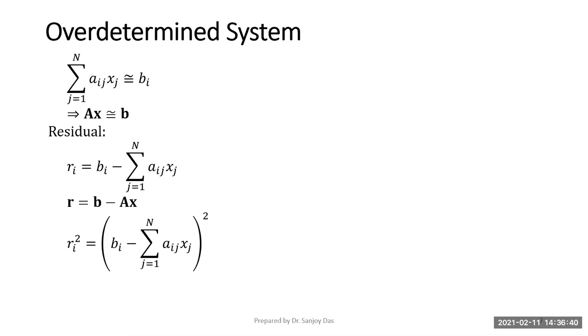It can be on either side of zero. We want it to be as close to zero as possible. So what we do is we take the square of it: Ri squared equals the square of bi minus summation Aij xj. In terms of vectors, summation i equals 1 through m of Ri squared equals r transpose r. r transpose r is nothing but the square of the L2 norm, right? And so you can easily see that r transpose r equals summation Ri squared.